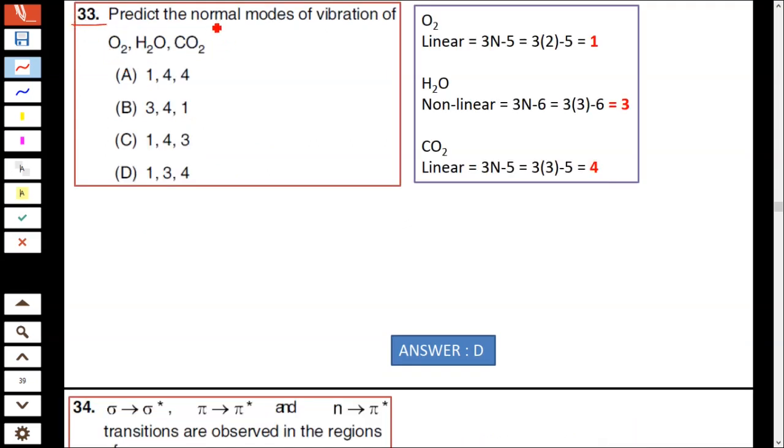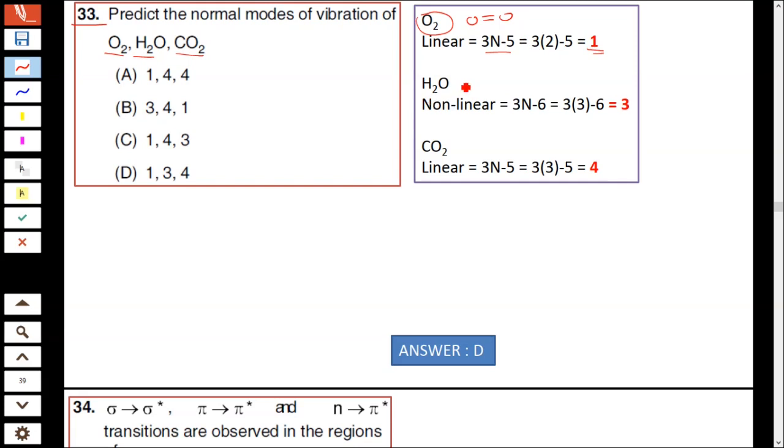Question number 33. Predict the normal modes of vibration of O2, H2O and CO2. For O2, oxygen is linear. It's 3n minus 5. It has 2 atoms, so 3 into 2 minus 5, which is equal to 1.